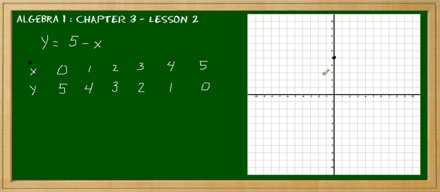And I think if we were doing it in class, you would have raised your hand and said, Mr. Cartagena, you've done it already a few times, haven't you? Okay, so we go positive 1, positive 4. And we go positive 2, positive 3. And we go positive 3, positive 2. And we go positive 4, positive 1. And then we will go positive 5, 0.